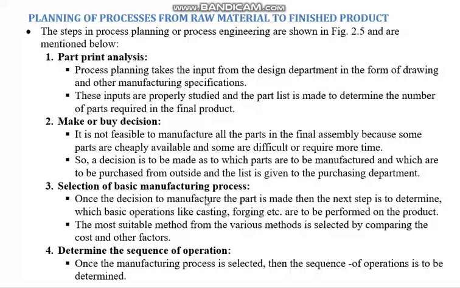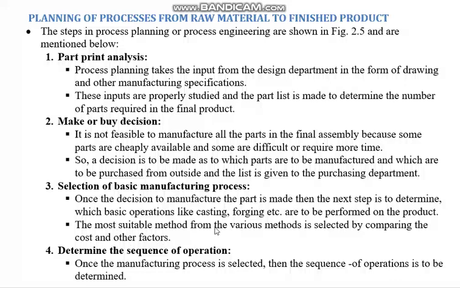This sometimes will be specified by the design engineer. The freedom may not be given to the process engineer to choose, but in case he has the freedom, then he has to decide which of those basic manufacturing processes your part is going to use. Then the most suitable method from various methods is selected by comparing the cost and other factors.